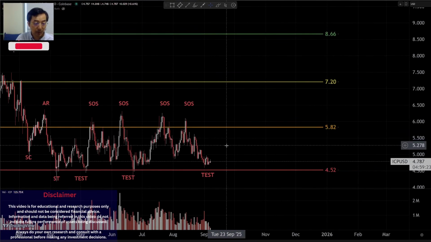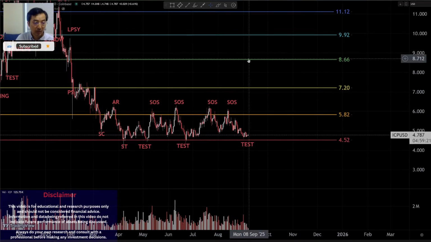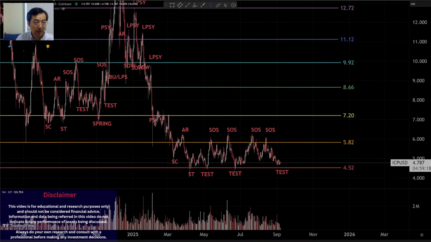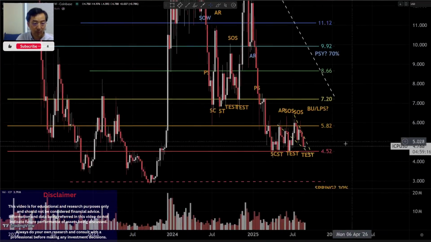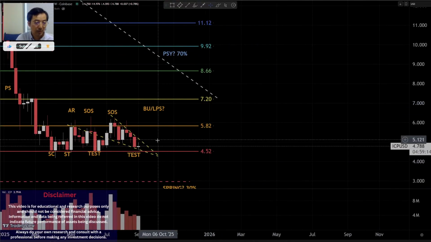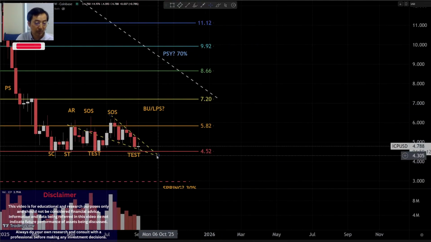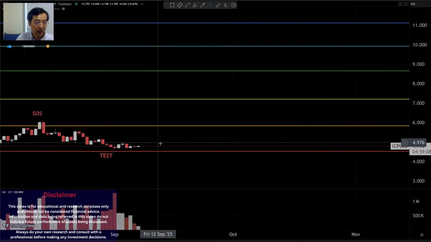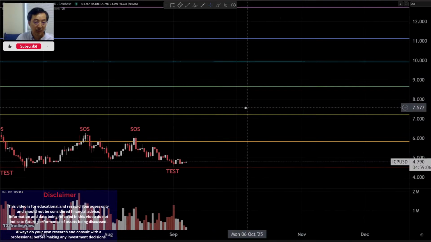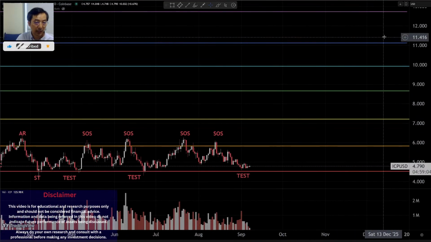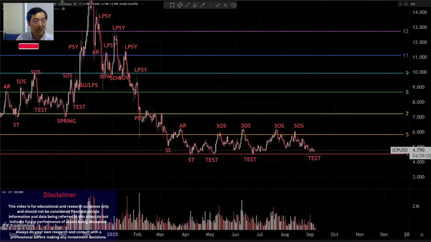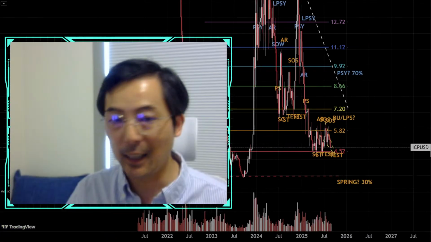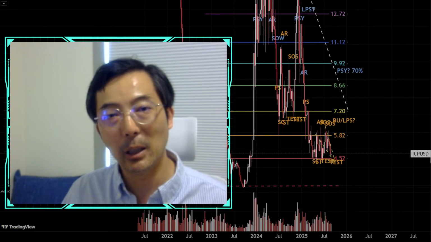So this prolonged period of accumulation, hopefully following what the weekly will do, this downward wedge eventually breaks out before or by the first week of October, then we'll see some bigger movements following that wave from the weekly. So hopefully that answers some of your questions for ICP.